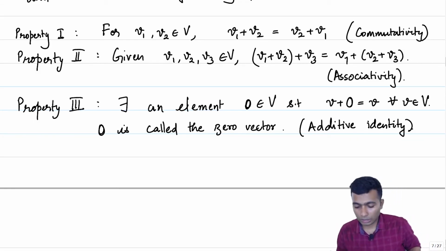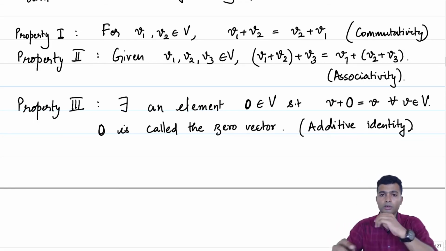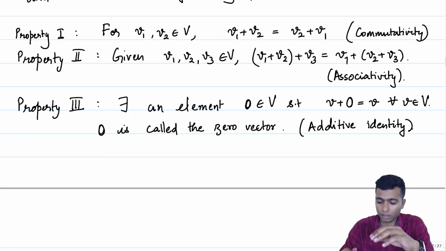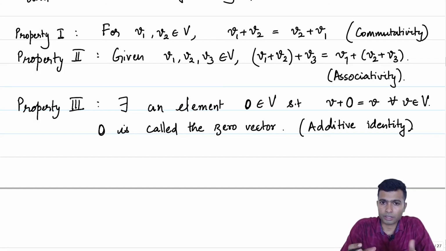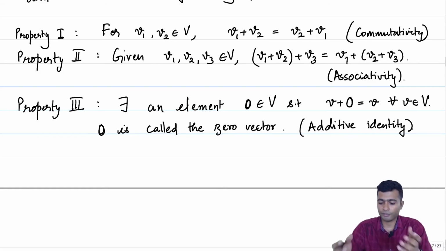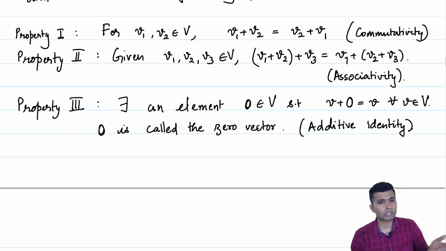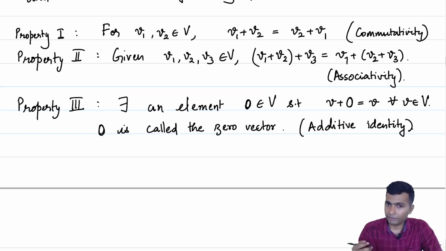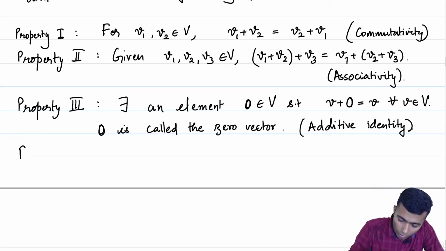Not just 0, R2 has another nice property: given a vector, say 5, 6, if you look at minus 5, minus 6 and add it to 5, 6, we get back our 0 vector, and this is satisfied for every element in R2.